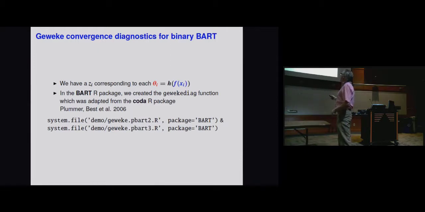If you use the system.file command and put in this file name, package BART, R tells you where that file is on your system so you can run it. Or you can run it directly from the demos, but I don't like running it from the demos directly because they make you prompt after each plot, which I find really annoying.